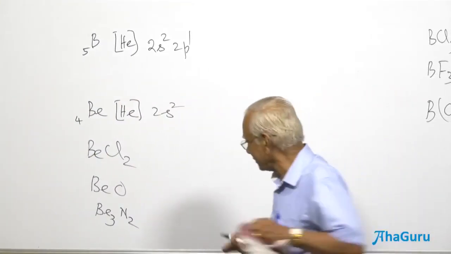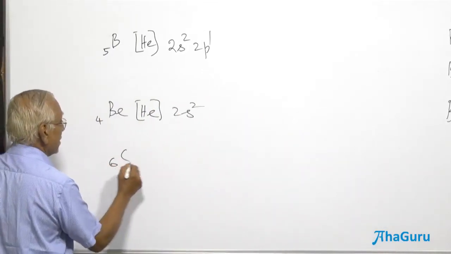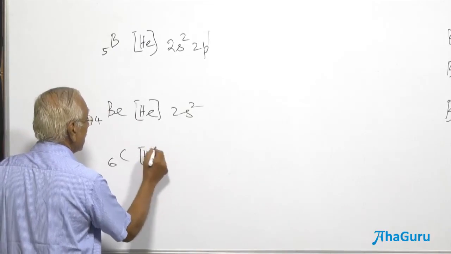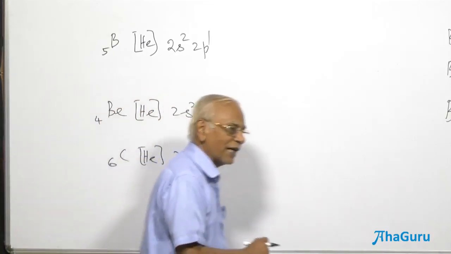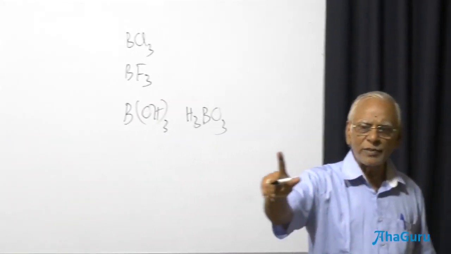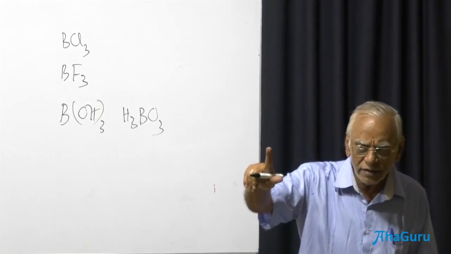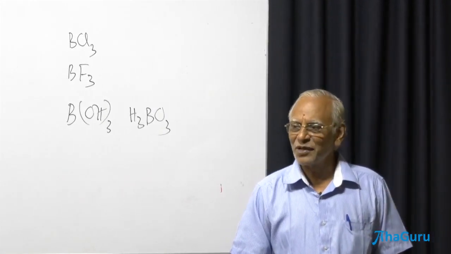Another very interesting example, carbon. What is the atomic number of carbon here? 6. Helium core, and tell me, 2s2 2p2. As per this, what should be the valency of carbon? 2. The only example of carbon exhibiting valency 2 is CO, carbon monoxide.